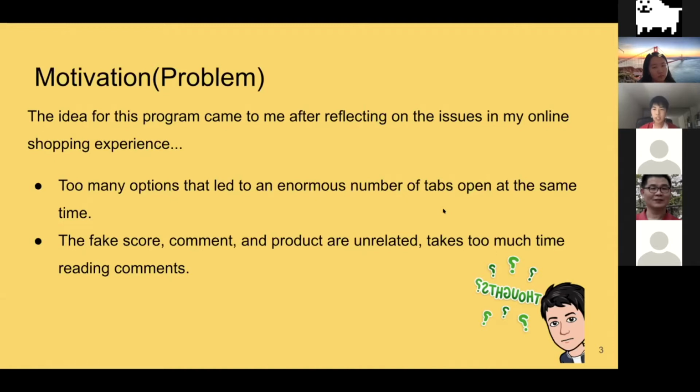Similarly, another problem is that it takes too much time to read the comments. If you really want to know what a product looks like, you might need to go in depth to read the comments, but it's just wasting too much of your time, and you just maybe want to buy a bicycle lock.